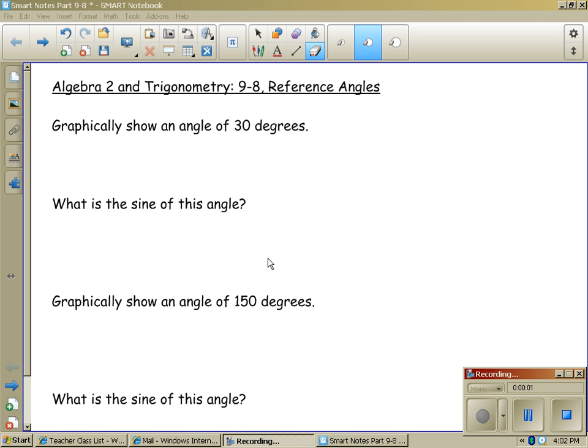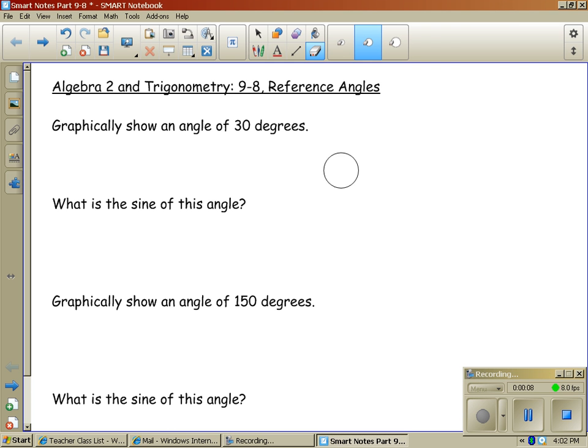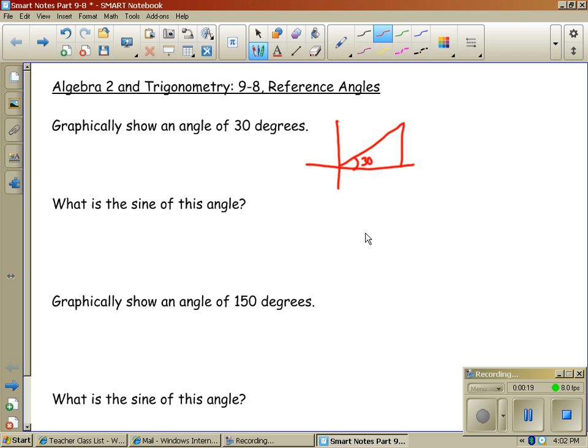We've talked about the sine, the cosine, and tangent of special angles. Now we're going to talk about multiples of those. So a 30-degree angle, first quadrant, 30 degrees. The sine of that angle.